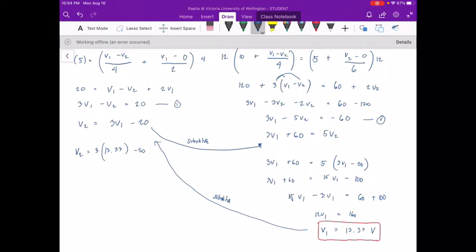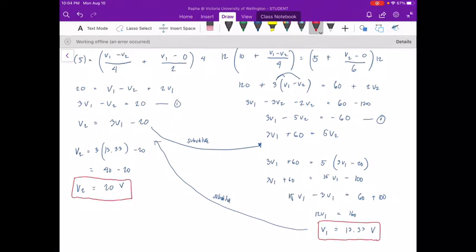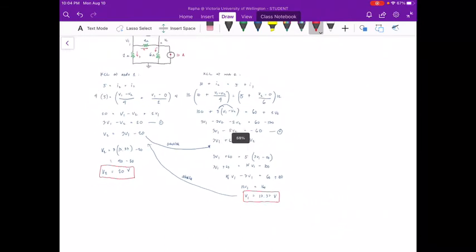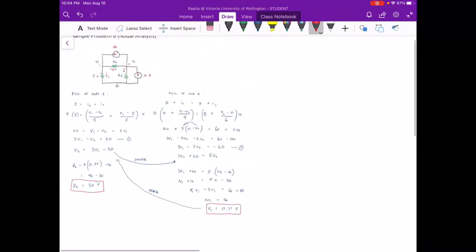So we have approximately 40 minus 20, and now the value of V2 would be 20 volts. So we have solved the value for V2, and we already have our node voltages solved. That's it.